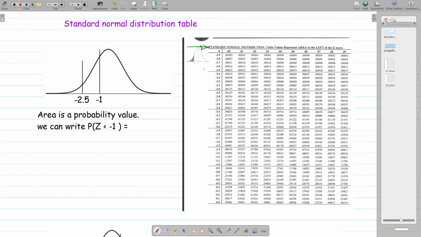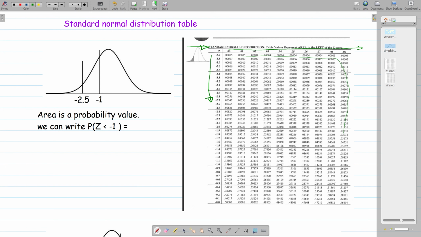The first column has negative values up to only one decimal place, and the first row contains another set of values with two decimal places. There are also other values inside the table, other than that column and row.